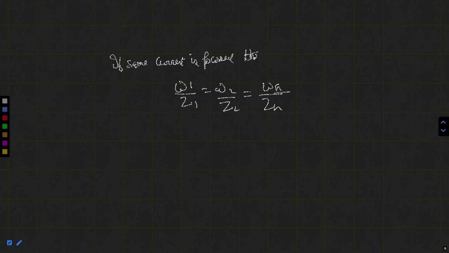Is this clear? So this is our Faraday's law. So these are the two Faraday's laws.